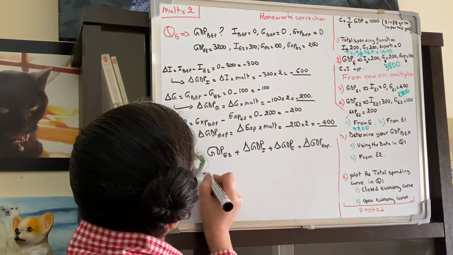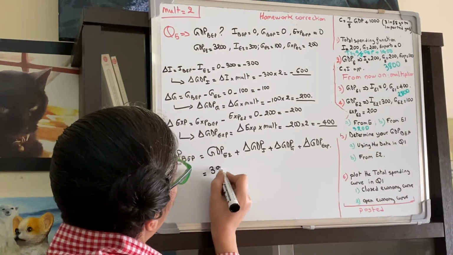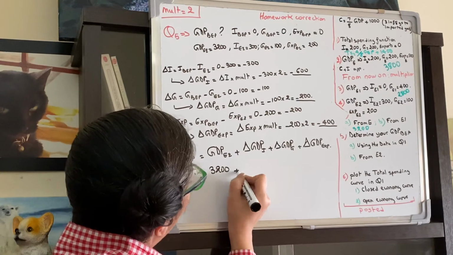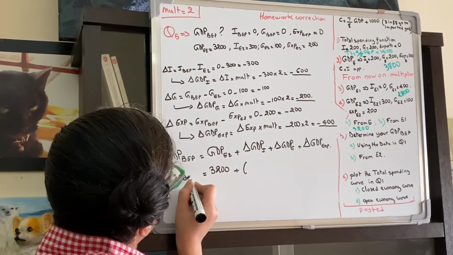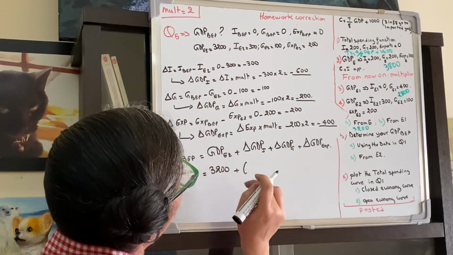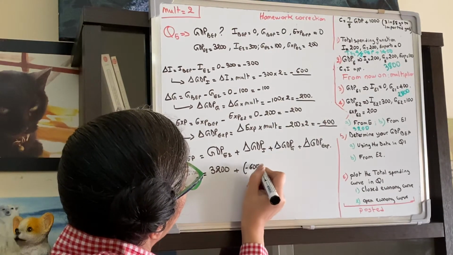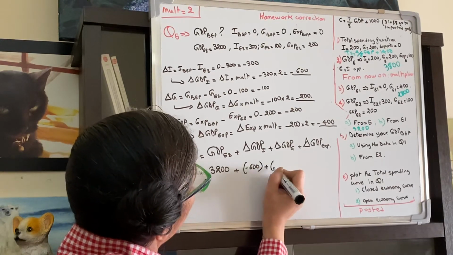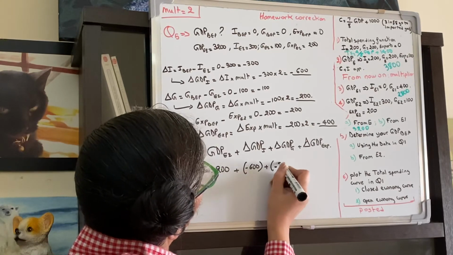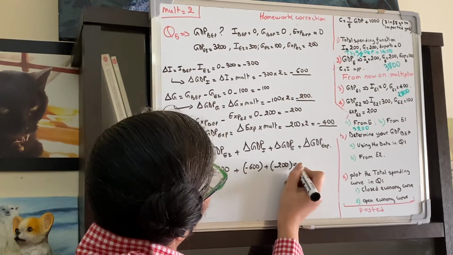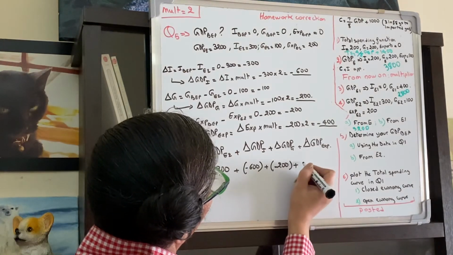Okay, which is equal, what is GDP at E2? 3,200 plus what, Amy? Plus delta GDP due to I, which is negative 600, plus delta GDP due to G, that's negative 200, plus delta GDP due to exports, that's negative 400.